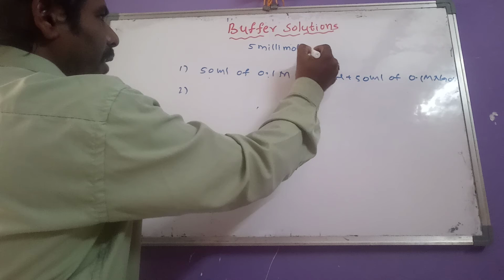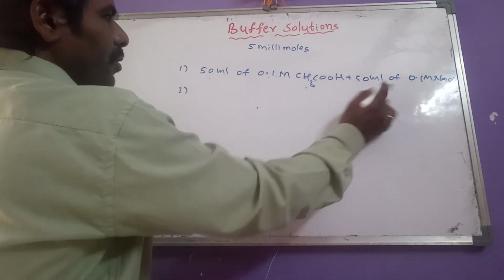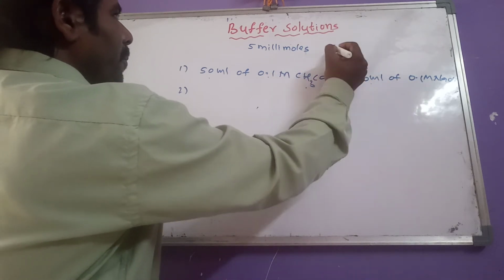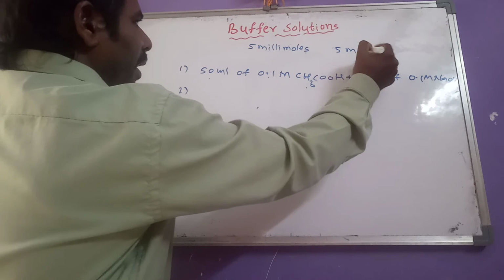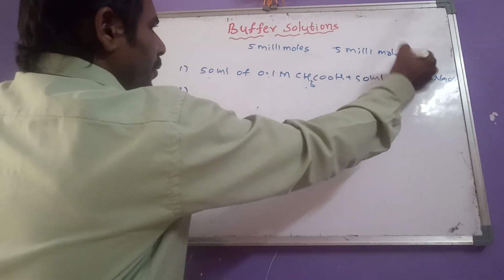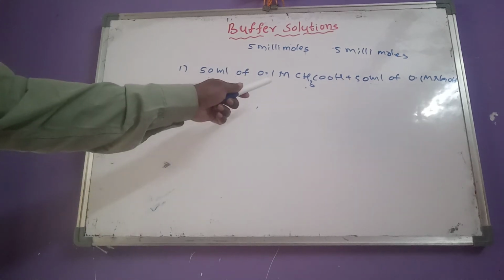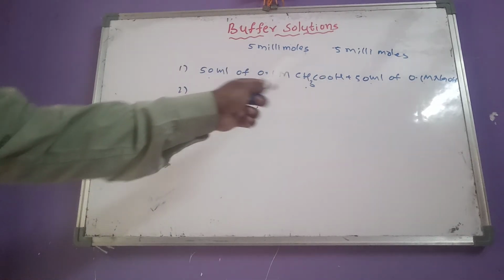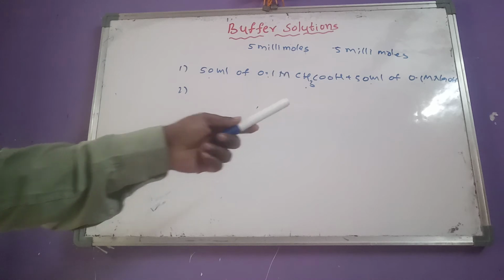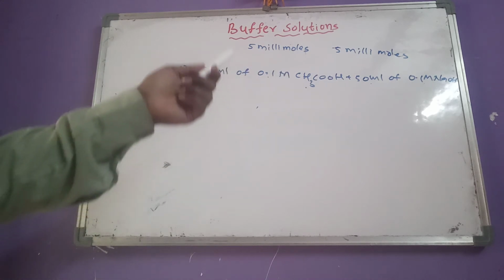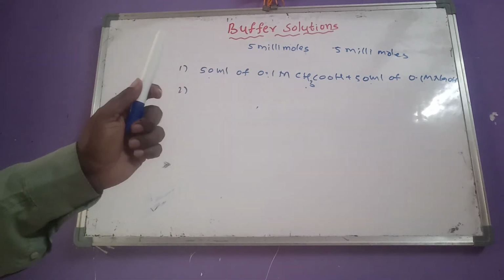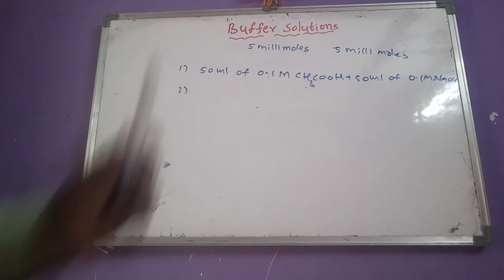Now let us see what the base millimoles are. Again 50 into 0.1 means 5 millimoles of base. But actually to form an acidic buffer, the weak acid should be in excess amount. So this first option is not true for the formation of acetate buffer.